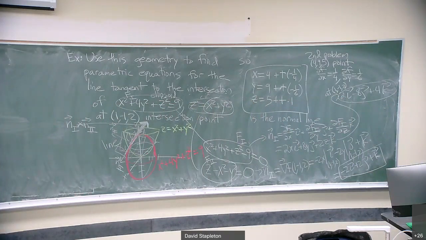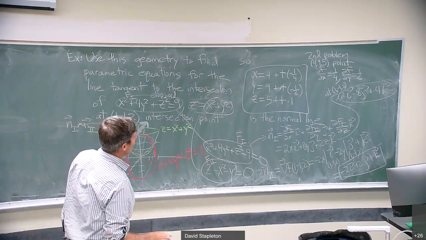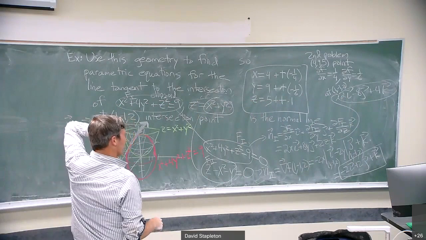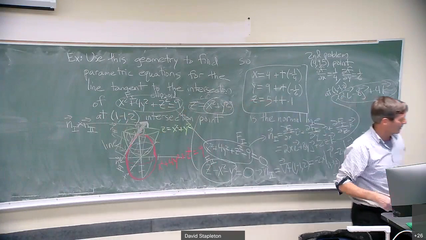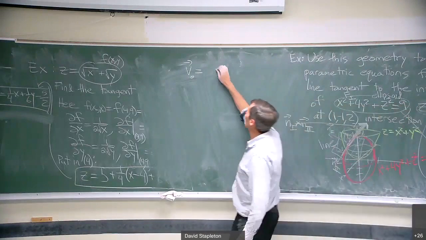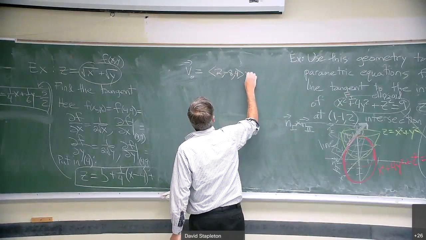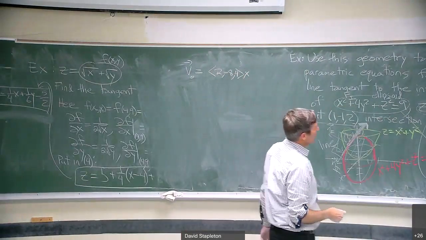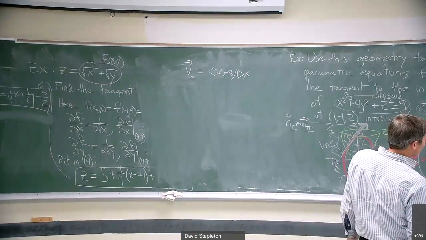So I'll take a vector v naught. It's their cross product. You can take the cross product in either order. Let's make the normal point in the opposite direction. It'll still be tangent. 2, minus 8, 4 with minus 2, 2, 1.